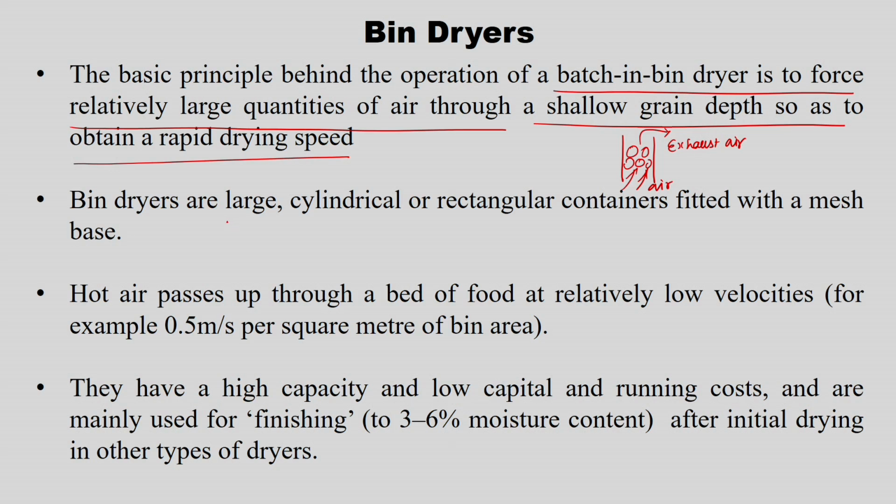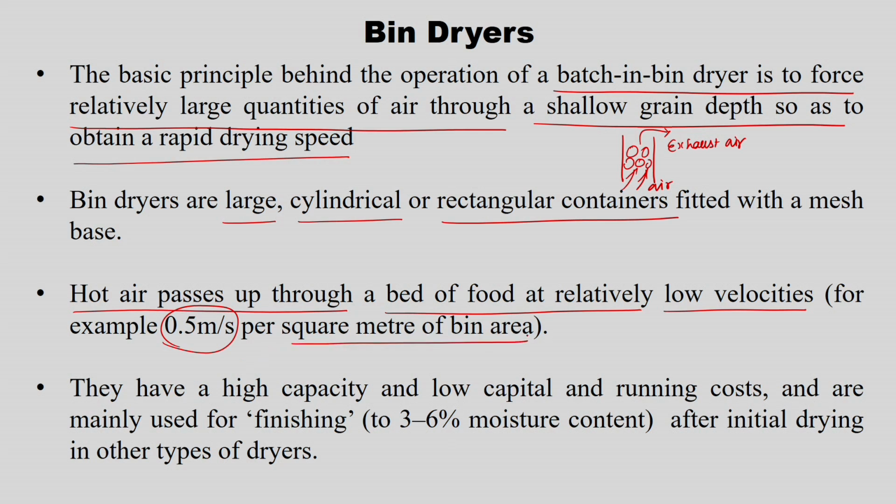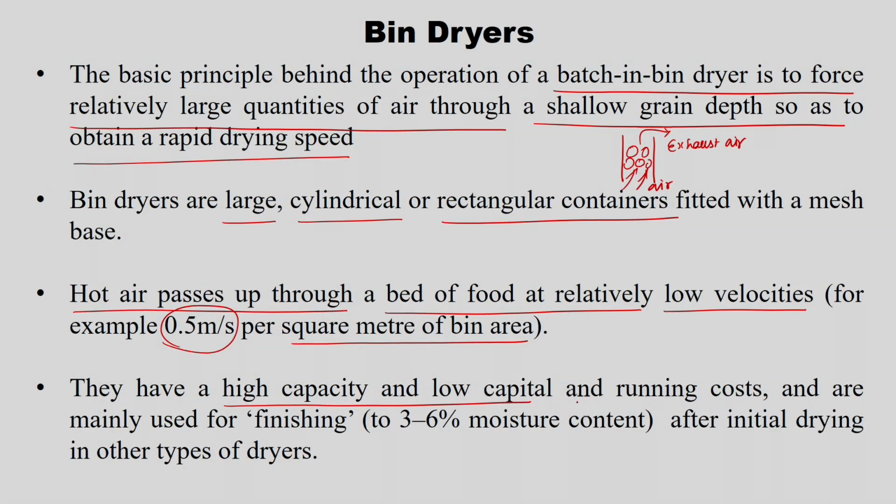So these are storage bins through which hot air or normal air at a particular temperature is circulated. Bin dryers are large cylindrical or rectangular containers fitted with a mesh base, and hot air passes up through a bed of food at relatively low velocities, for example 0.5 meter per second per meter squared of bin area. So very low velocity air is passing through. They have a high capacity and low capital and running cost, because they can be used as a storage vessel as well.